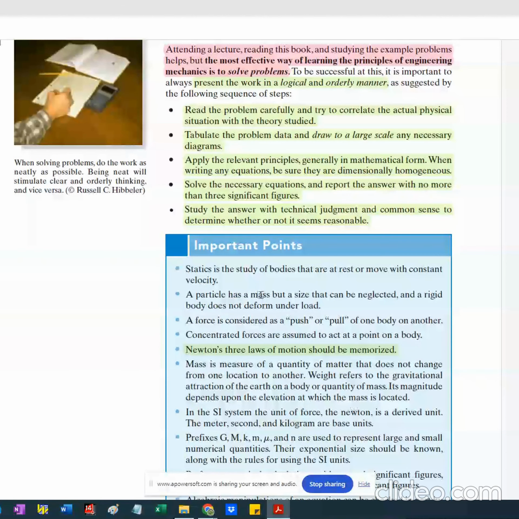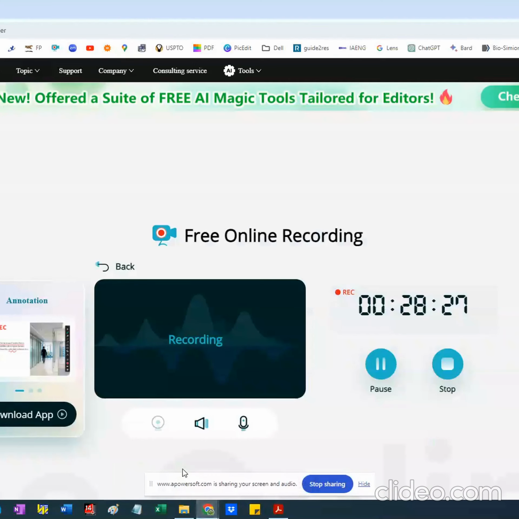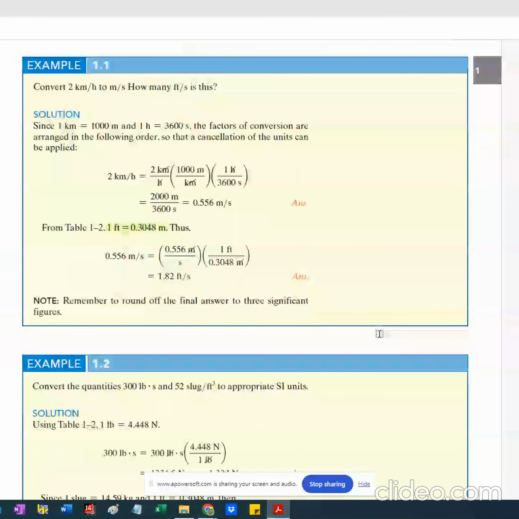Okay, there's a summary of what was taught here in this first chapter. Again, Newton's 3 laws of motion should be memorized. Let me verify how many minutes of recording I have. 28. Okay, I can move forward.